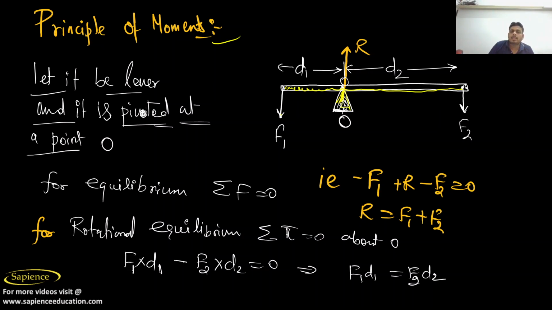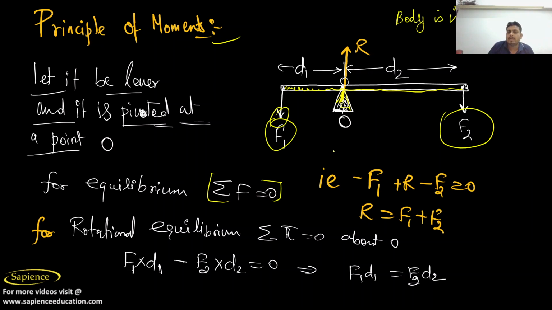There is a force F1 in the downward direction, and there is a force F2. Both forces are kept in such a way that the body is in equilibrium. The body is neither rotating nor moving to one side. Now, for the equilibrium condition, the total force must be equal to 0.